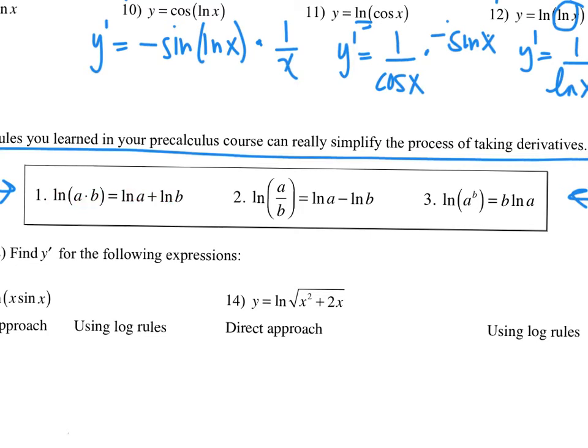So ln of a times b is equal to ln of a plus ln of b. The log of a quotient is equal to the difference of the logs. So ln of a minus ln of b is the same as ln of a over b. And the log of a powered number is the same as the power multiplied by the ln of the base.